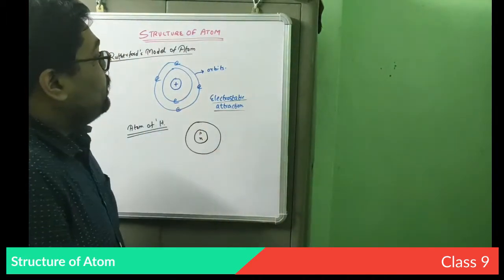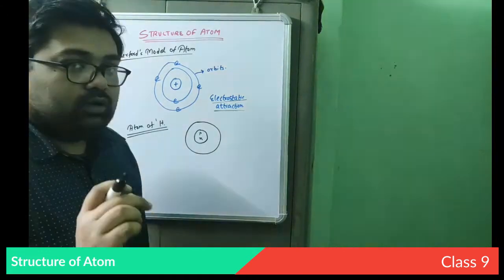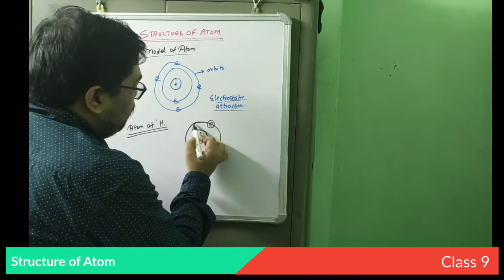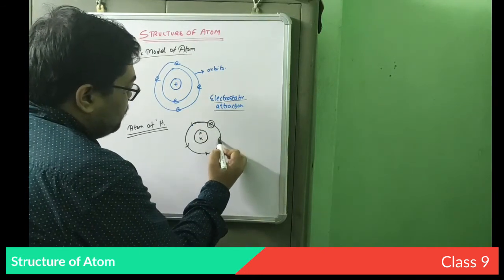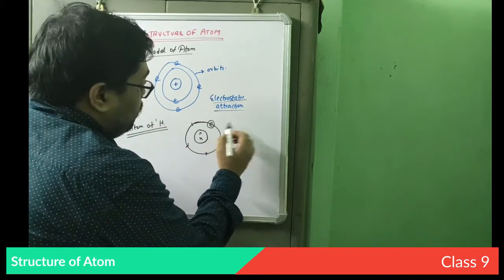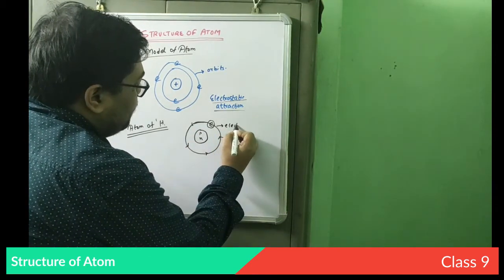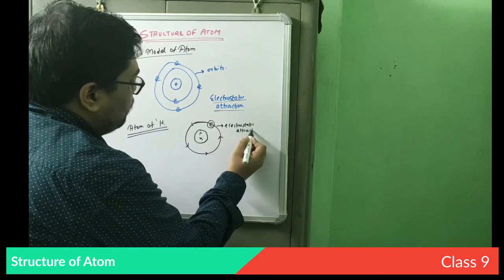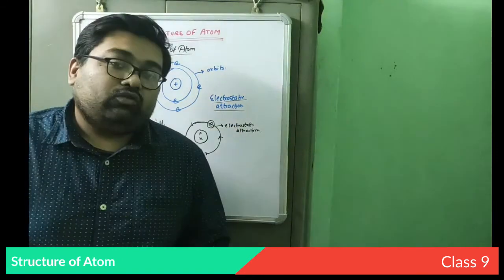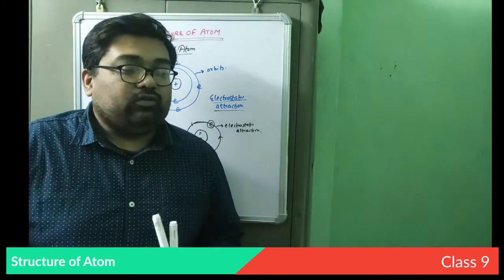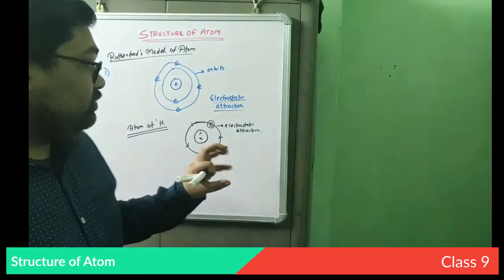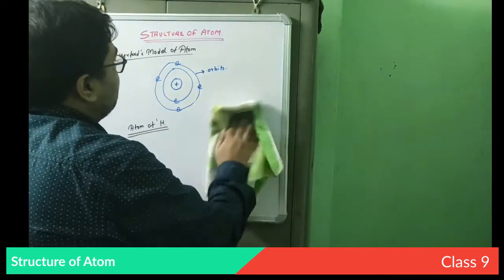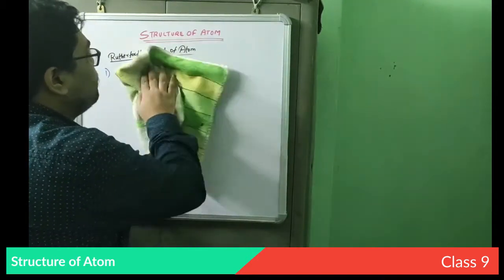So according to Rutherford's model, as the atom is electrically neutral in nature, it will contain only one electron. This electron will move in this circular path with the help of electrostatic attraction. Due to this attraction, the electron and nucleus are attracted towards each other, and this stabilizes the atom to some extent. Okay, now this model has some limitations.